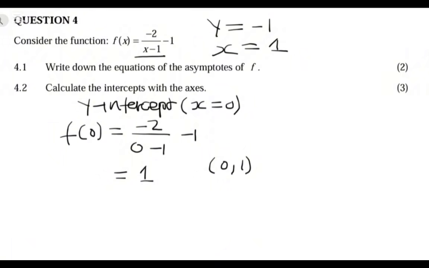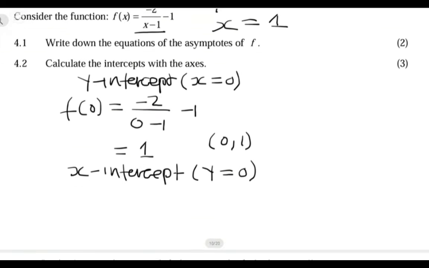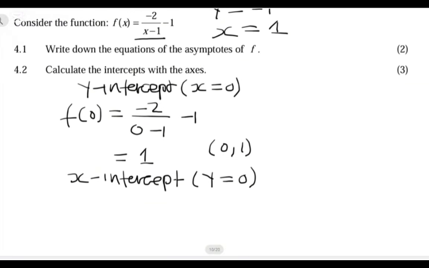And then we're going to move on to looking for the x intercept. We're going to let y be equal to 0, perfect. So we're going to put 0 here, and we have negative 2 over x minus 1, minus 1, perfect. So from here, we can do this in many ways.